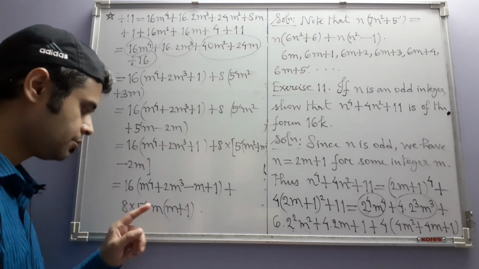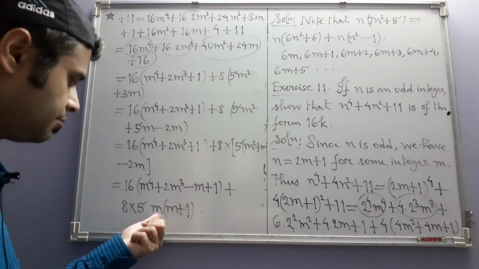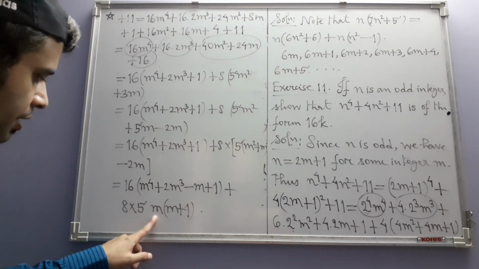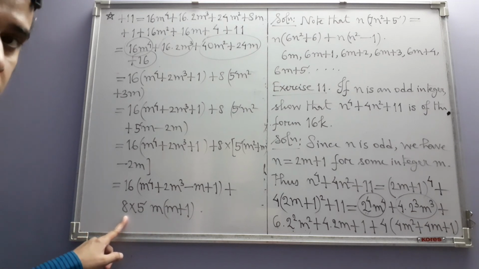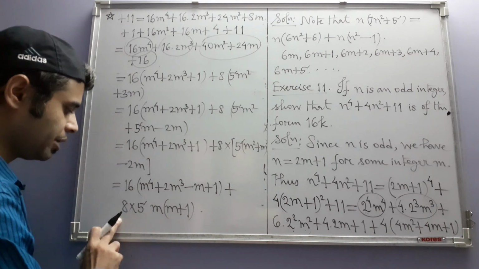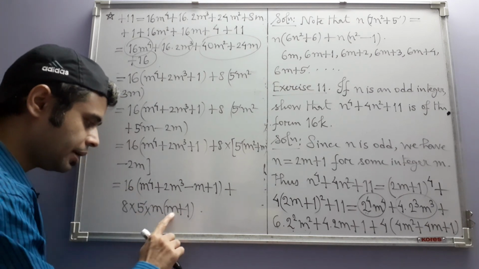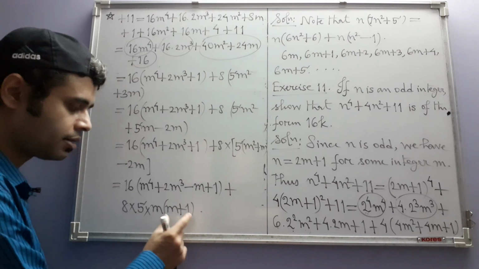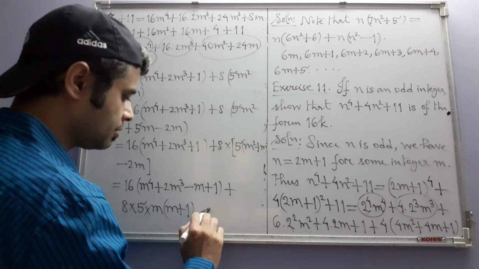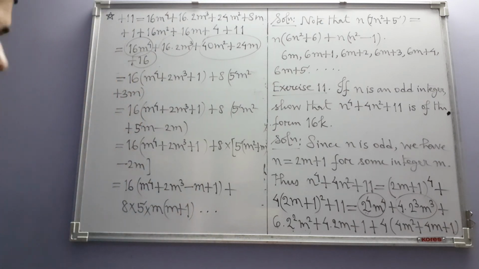Okay, now you see, since m is an integer, either m is even or it's odd. When m is even, then of course we have a 2, the desired 2 that we need to make it 16. If m is odd, then m plus 1 is even, so there we will have a 2. So I leave it to you to complete the exercise.